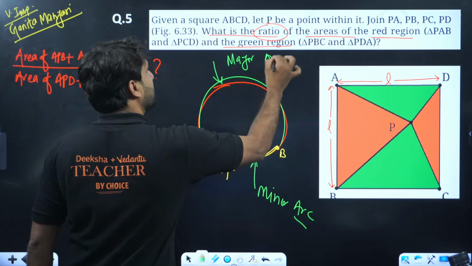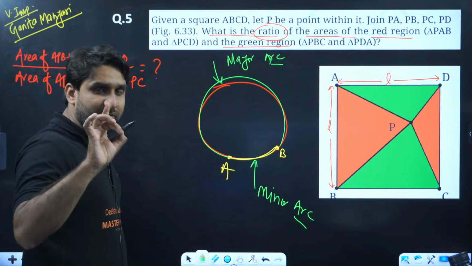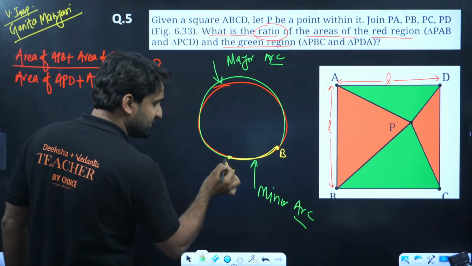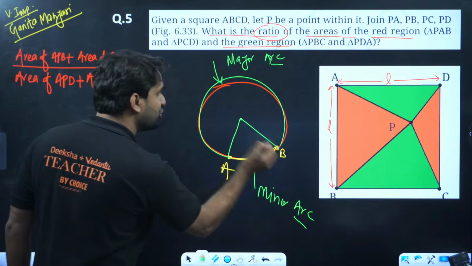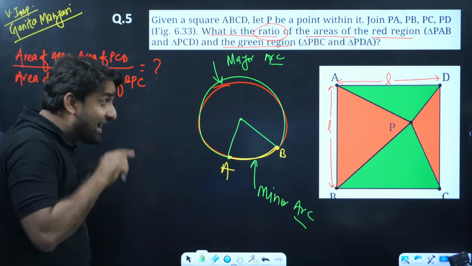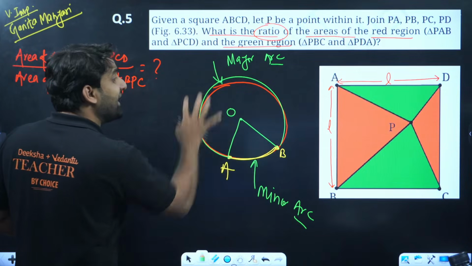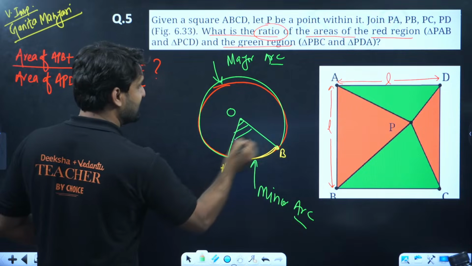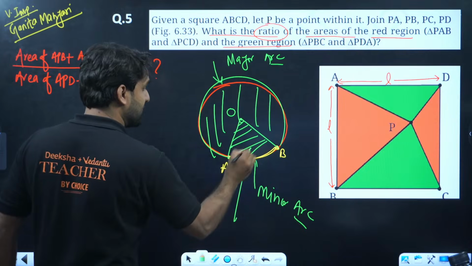Clear? Now, let me give you the definition of a sector. Join these 2 points that we have taken on the boundary to the center. If you join these 2 points to the center, there will be radii. Now the area of the circle is divided into 2 parts. This is called a sector.